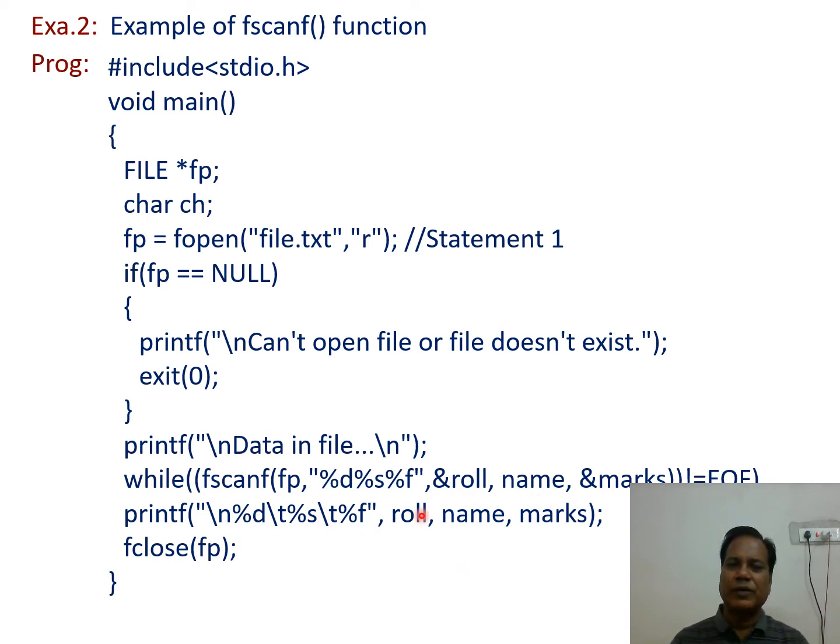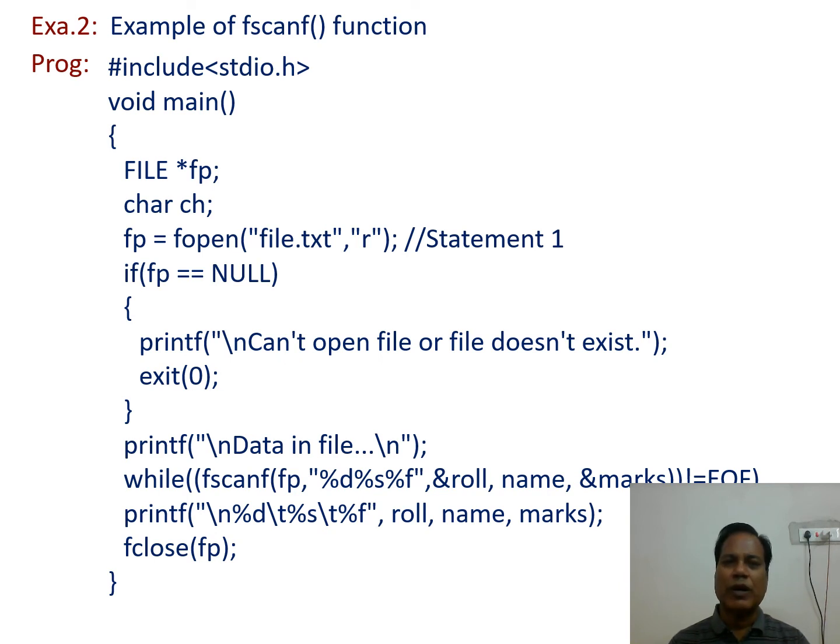If data ends, then this condition becomes false and control comes out of the while loop, and after the while loop, fclose(fp); this statement closes the file pointed to by the file pointer fp, and the close brace of the main function indicates the end of the main function.